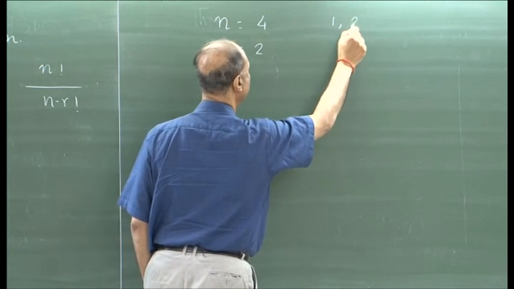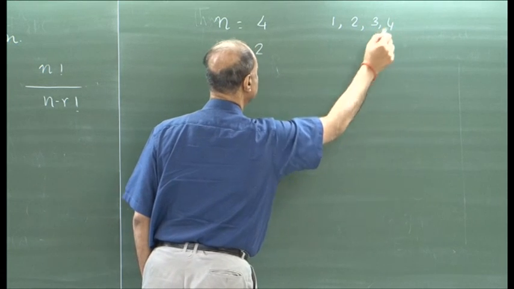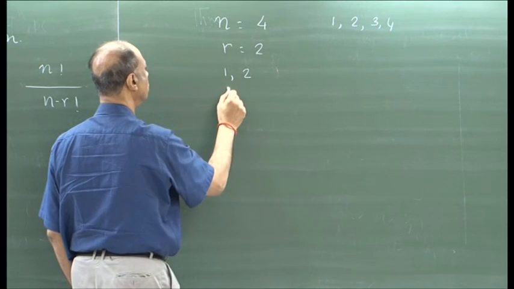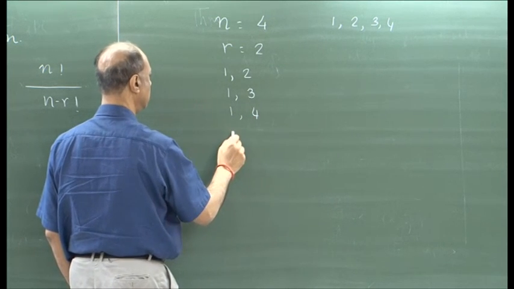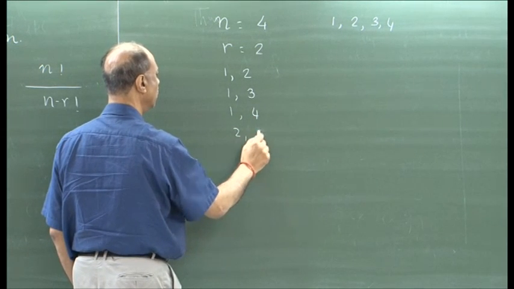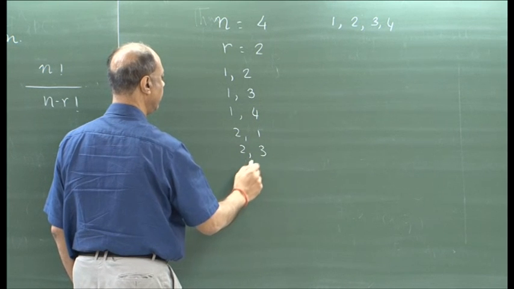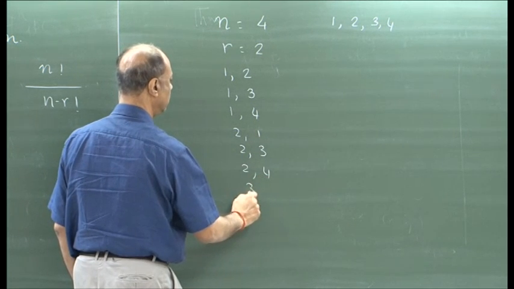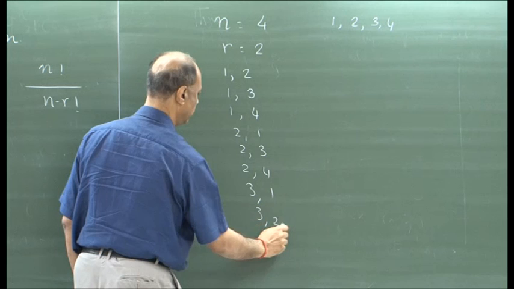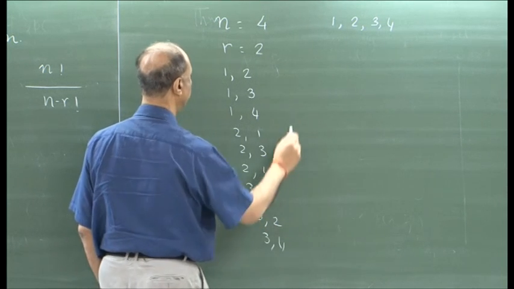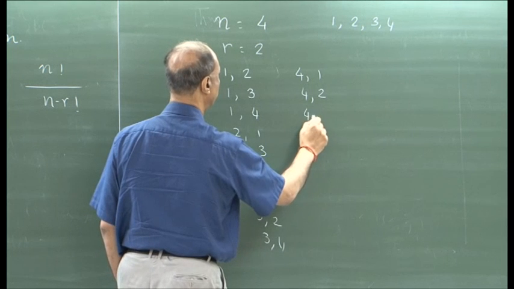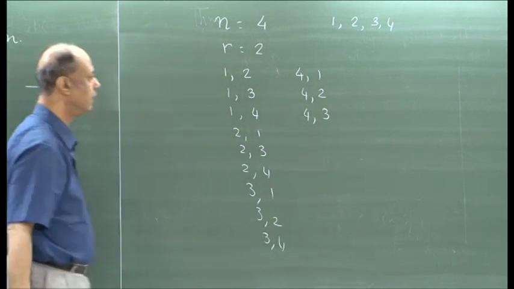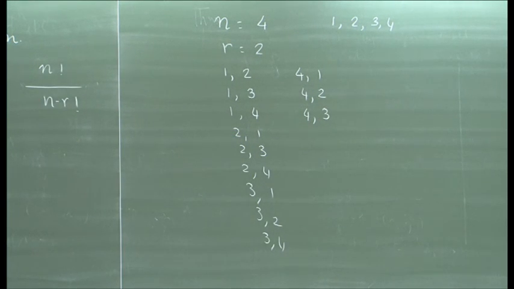The elements are 1, 2, 3, 4, and the possible arrangements will be 1 2, 1 3, 1 4, then 2 1, 2 3, 2 4, 3 1, 3 2, 3 4, 4 1, 4 2, 4 3. So these are the possible arrangements you have.